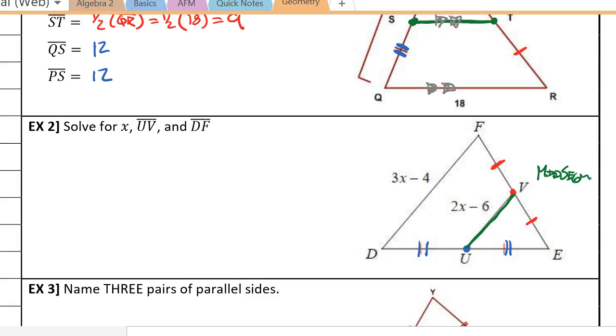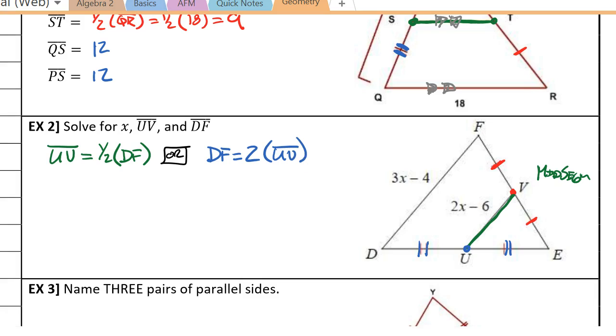Okay. Now, since this is the midsegment, I know that the base DF is equal to twice the midsegment. I'm going to use this relationship just because I get to multiply by 2 versus multiplying by 1/2.